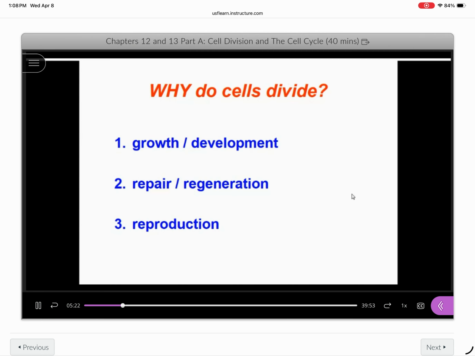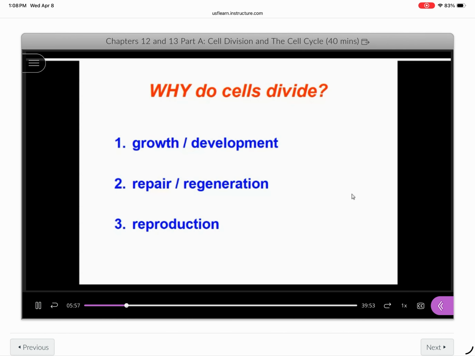Certain tissues deal with day-to-day abuse, kind of a constant abuse based on their function, right? The skin is a good example. It's exposed to the elements, it's exposed to temperature, it's exposed to radiation from the sun. A lot of insults happen to our skin, and so it's just a good idea to constantly refresh and renew the skin, and so we do. And that's done by cell division.